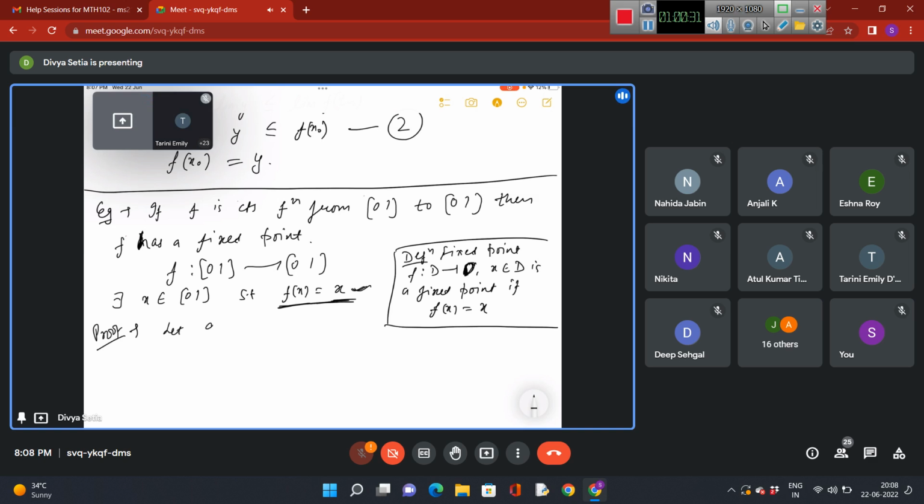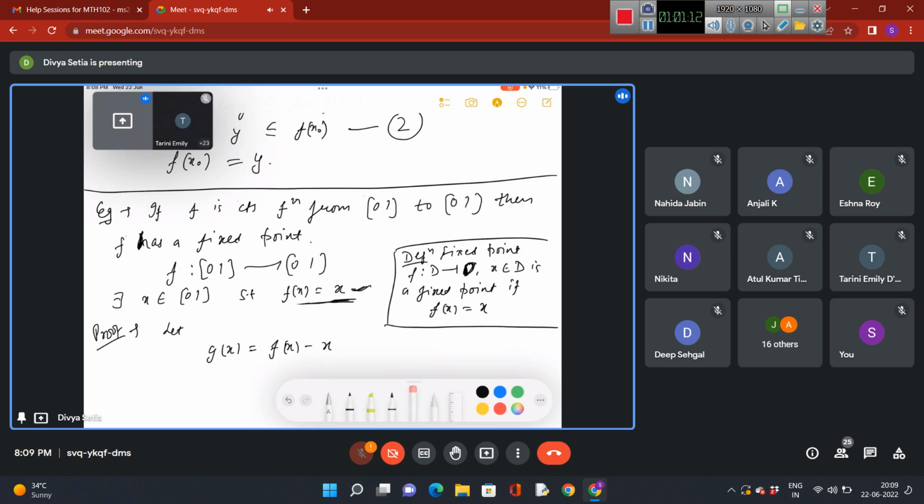Okay, so let's just start with a function g from 0 1 to 0 1 such that g of x is f of x minus x. No, this is not a function from 0 1 to 0 1.